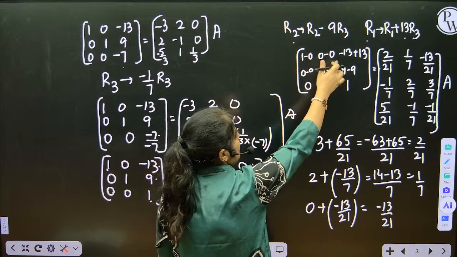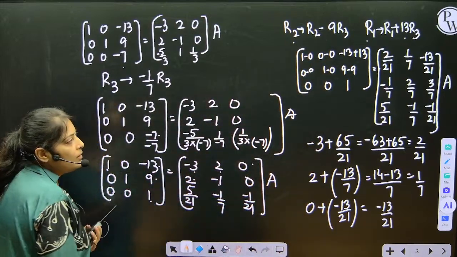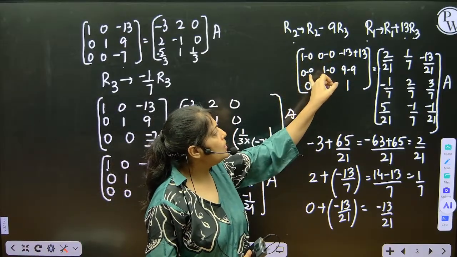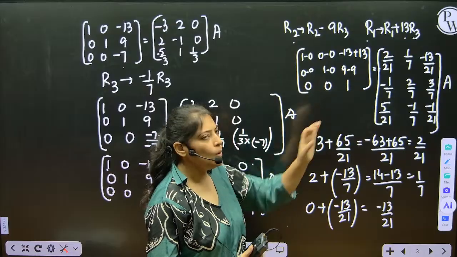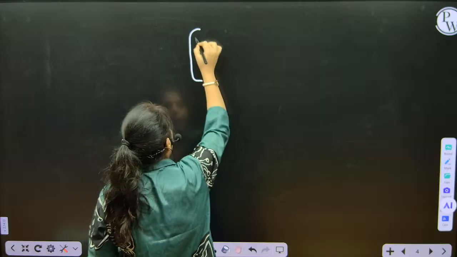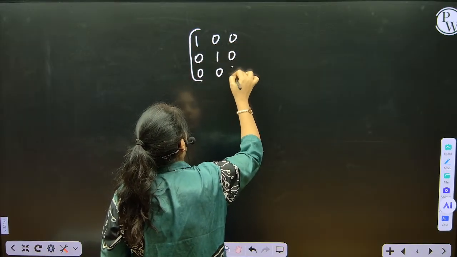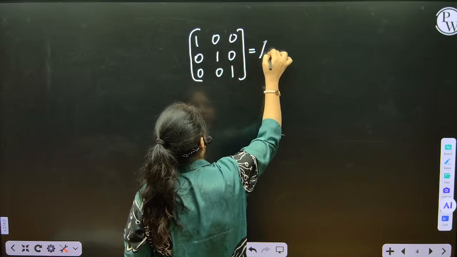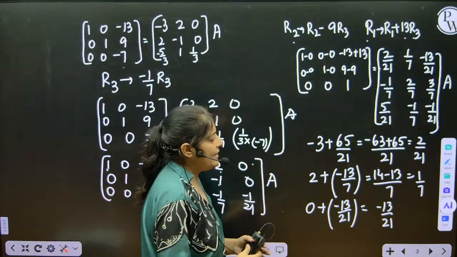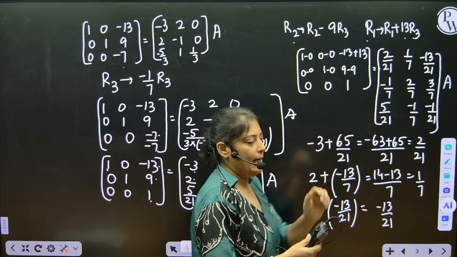So let me change it now. Now this will become 1, 0, 0, 0, 1, 0, 0, 0, 1. Now the left side is already the identity matrix, and whatever matrix has come on the right side, this full matrix is your A inverse.